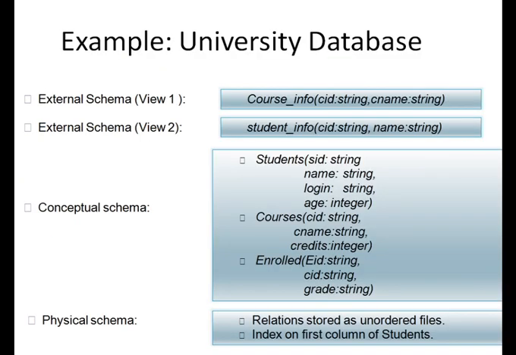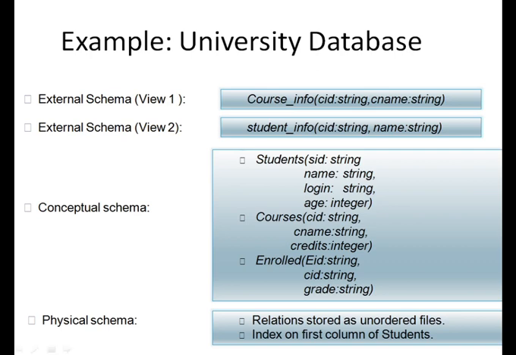Let's take one example, a university database. Suppose this is external schema view 1 and external schema view 2, that is, course info is one view and student info is another view. But the conceptual schema is only one for one database.